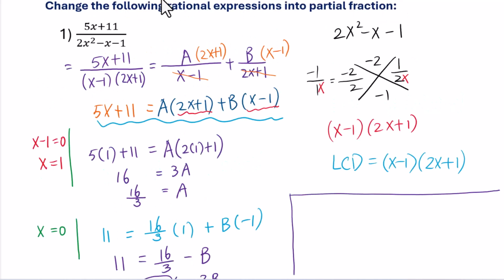Now final answer. 5x plus 11 over 2x squared minus x minus 1 equals.